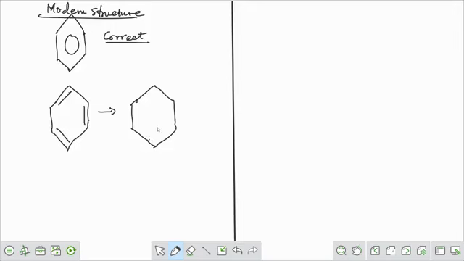We put it like this. So this is another method of drawing benzene. Benzene will now look like this. I'm still drawing another method of drawing benzene again. You can still draw it like this.